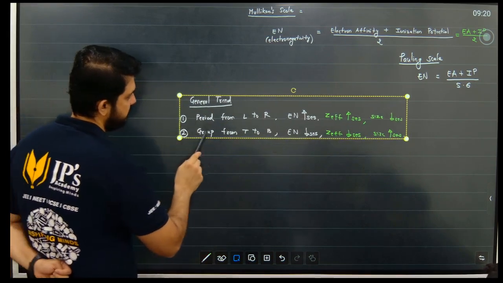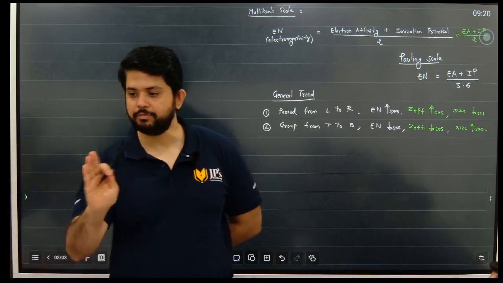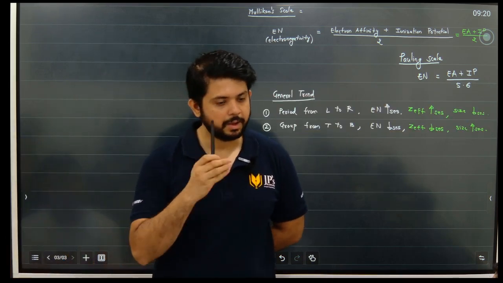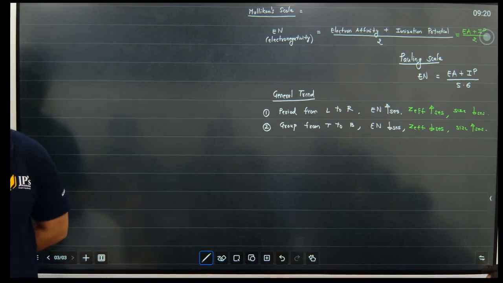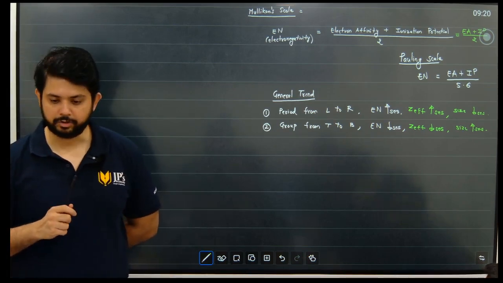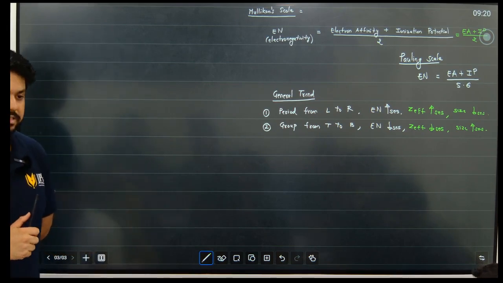See, if we see, there are no exceptions in any general trend of electronegativity. जितने हमने बाकी के periodic properties में we've learned so many exceptions. There are no such exceptions here in electronegativity. But how electronegativity affects different properties, we need to understand that.